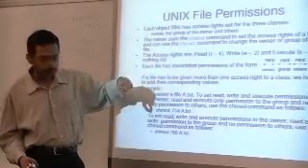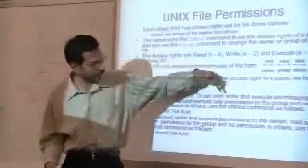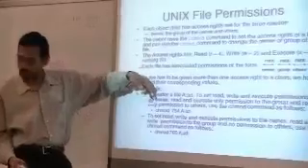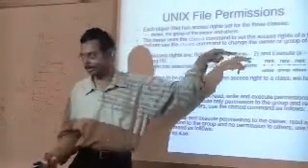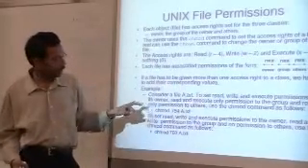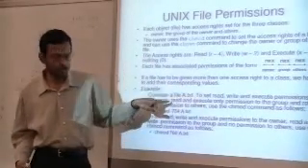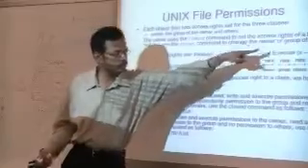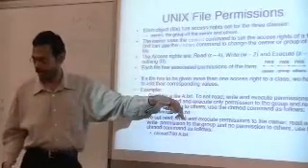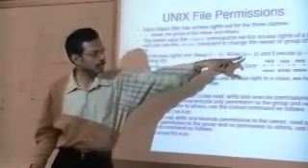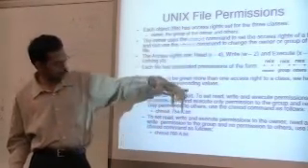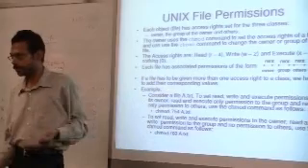Okay? So if you want to set up read, write, execute permissions for the owner, all three, basically add all three numbers, 4 plus 2 plus 1, so 7. If you want to set up read and execute for the group, read and execute is 4 plus 1, that's how you get 5. If you want to set up only read permission for others, 4. Okay, so that's how those three numbers come.